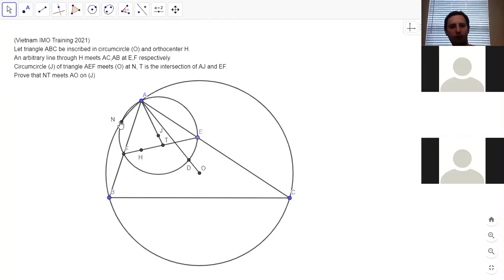I wonder this spiral similarity that takes NFE to NBC, I wonder what it takes A to. So how do we find that point?